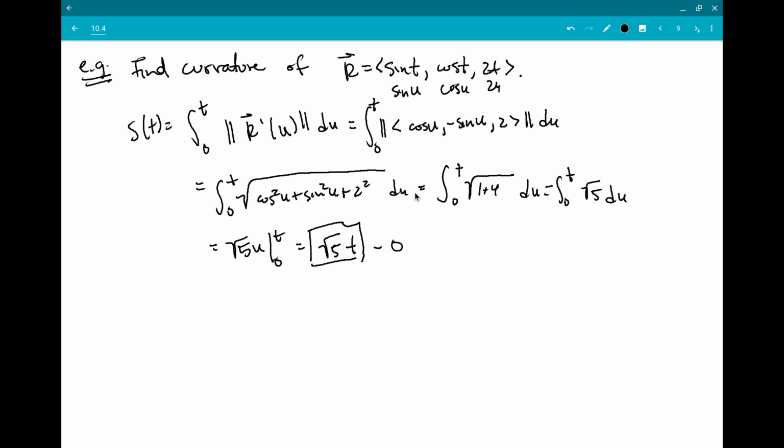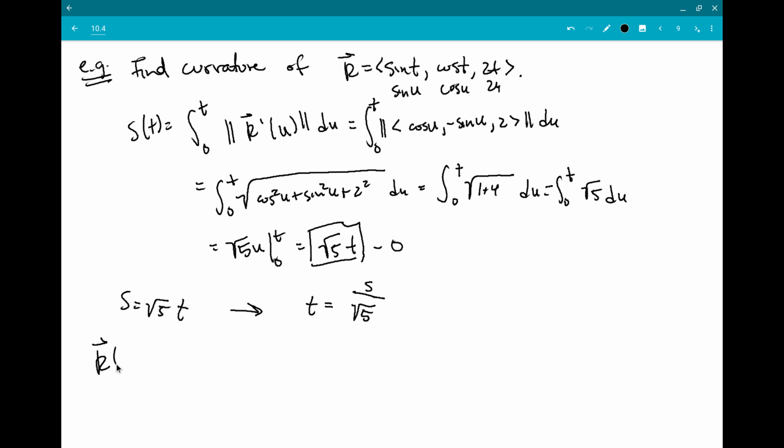And then what I wanted to do eventually was write r in terms of s. If I know s is square root 5 t, then that tells me that t is s over square root 5. And then I can go ahead and plug this into my r.